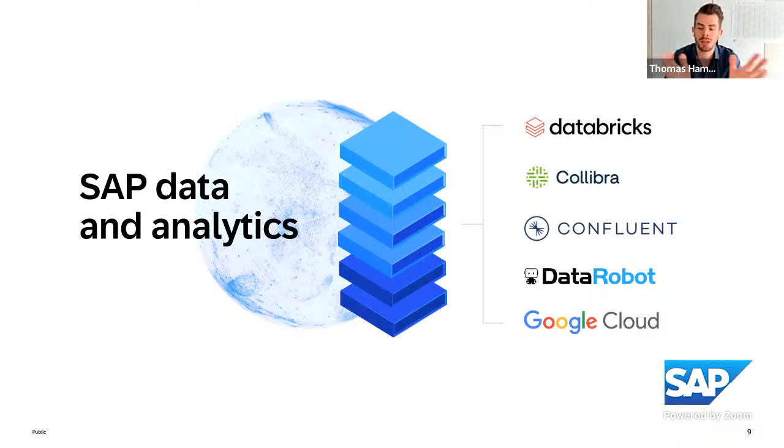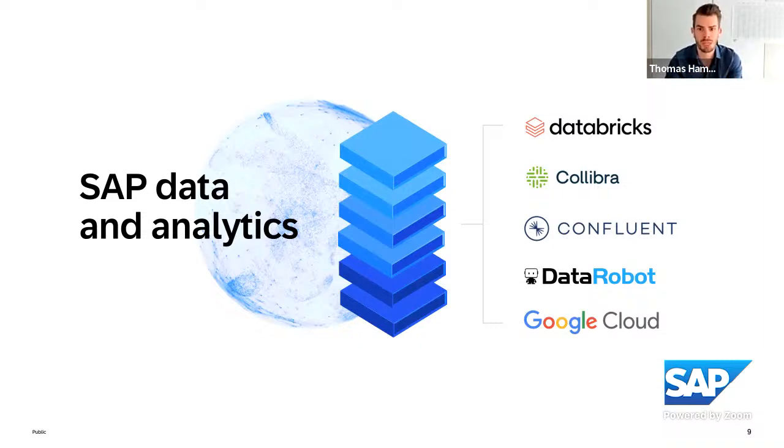And we are intensively working with the cloud service providers, as you've seen also on one of the first slides, basically providing all of our solutions on various cloud service providers. We have 4 main cloud service providers with Amazon Web Services, Microsoft Azure, Google Cloud Platform, and Alibaba Cloud.